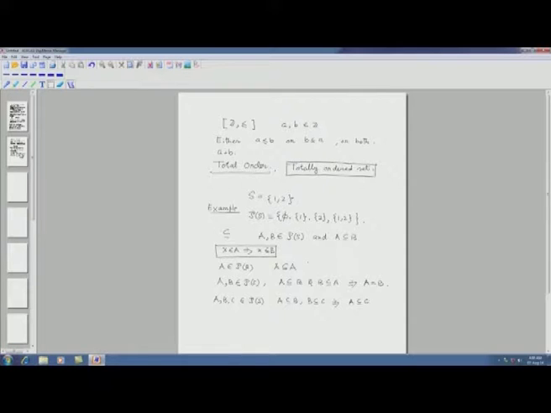So, I write here this is reflexive, this is antisymmetry, and the last one is transitive.